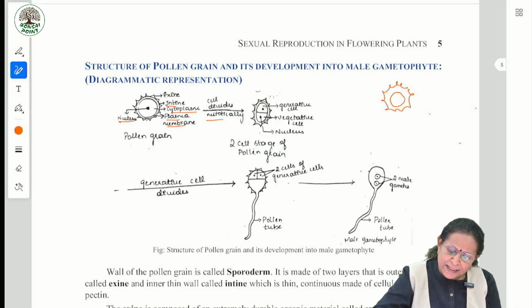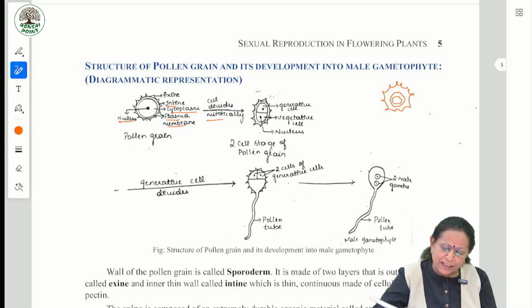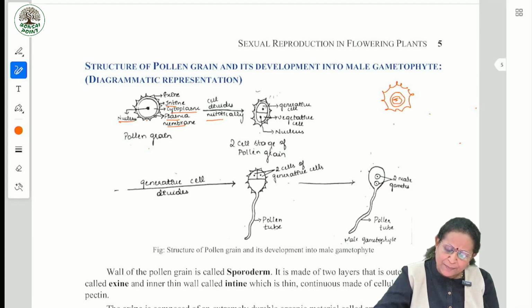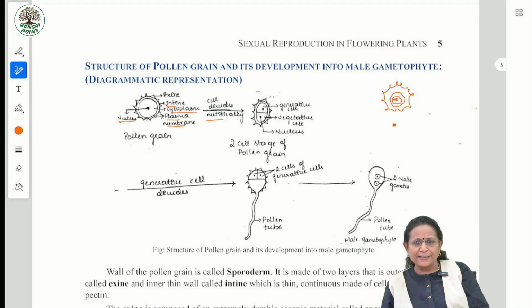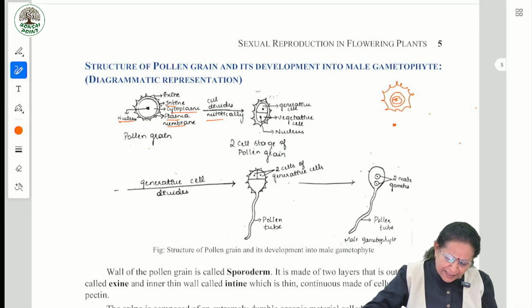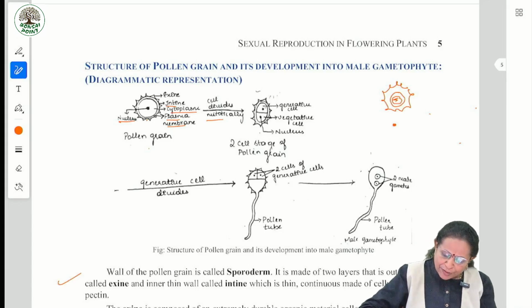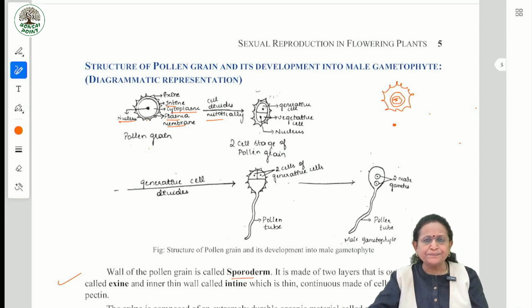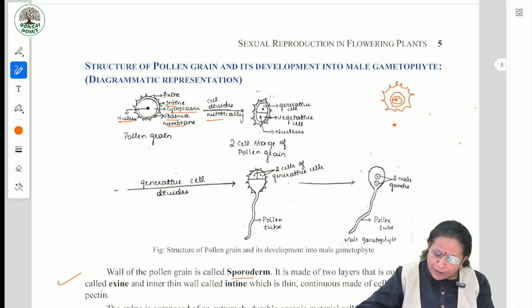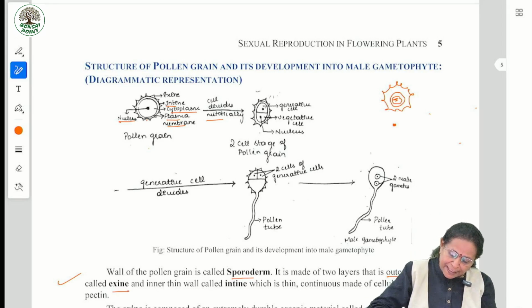Followed by this is the plasma membrane which encloses the cytoplasm and nucleus. This is again a favorite question for paper setters. The entire wall of the pollen grain is called the sporoderm.